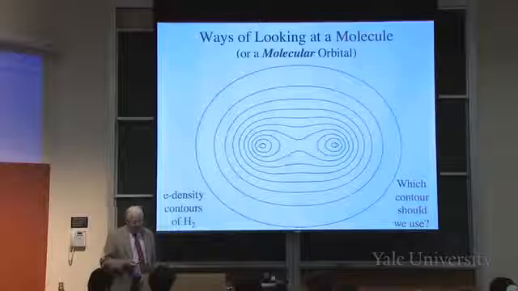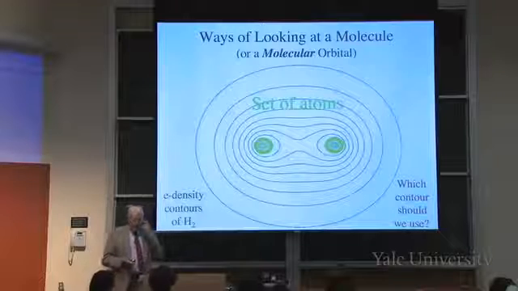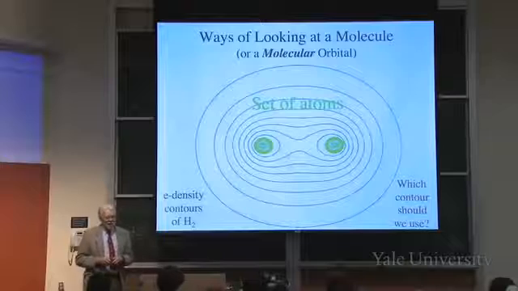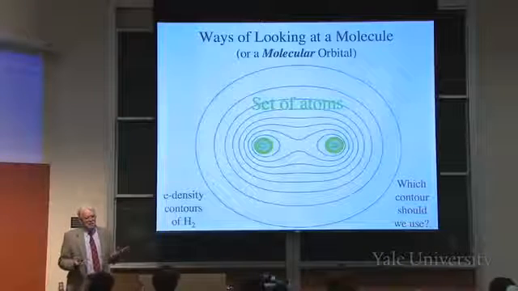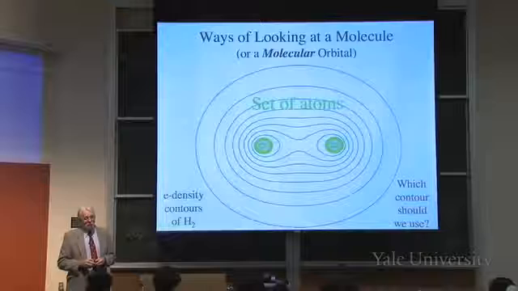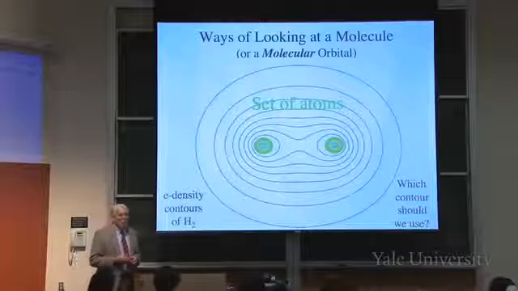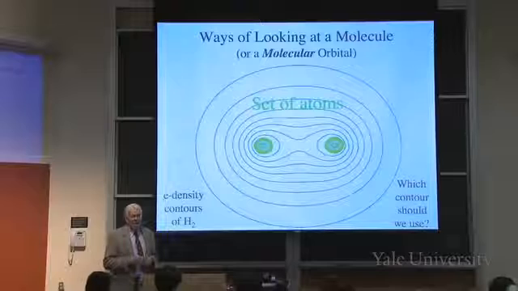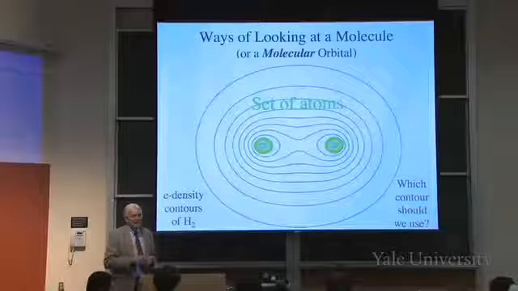For example, we could choose way down, very high electron density, right? And then we see just a set of two atoms. It just looks like two atoms. We don't see the fact that it's a molecule. Where have we done this before? Andrew?